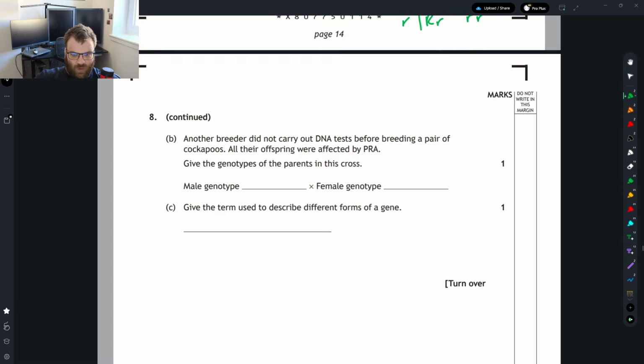If all the offspring are affected, then all the offspring must be little r, little r. If any of the parents had 1 big R or 2 big R's, you cannot make 2 little r's, because 1 comes from mum, 1 comes from dad. So that means the only way that could work is if both of the parents were affected and both have only the recessive gene, the little r.